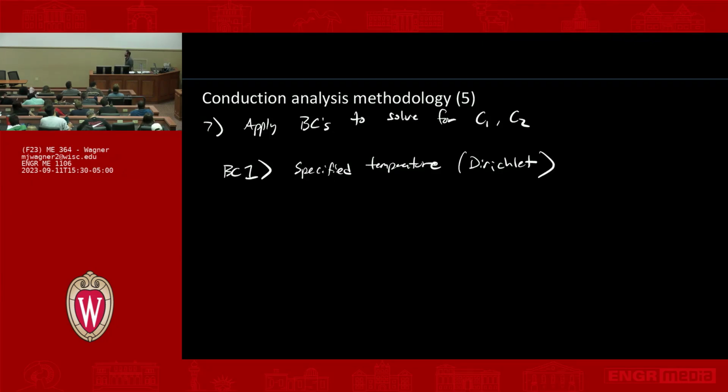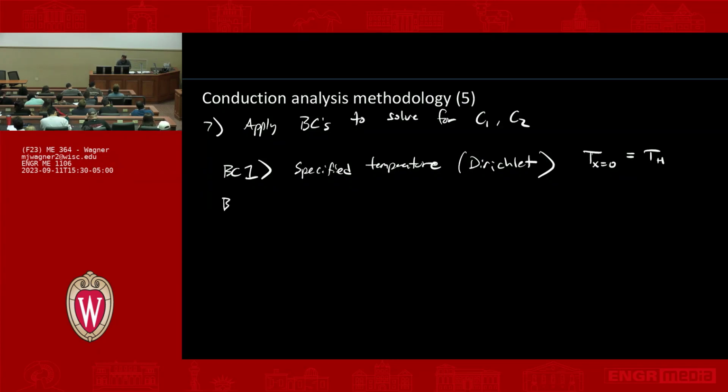This is where you say, okay, temperature at x equals 0 is equal to, say, T_H. You're specifying the temperature at the boundary. So you should look for a specific location at which this boundary condition applies, and then the constant that goes with it.